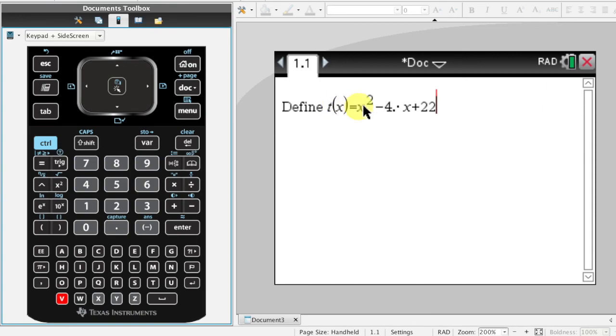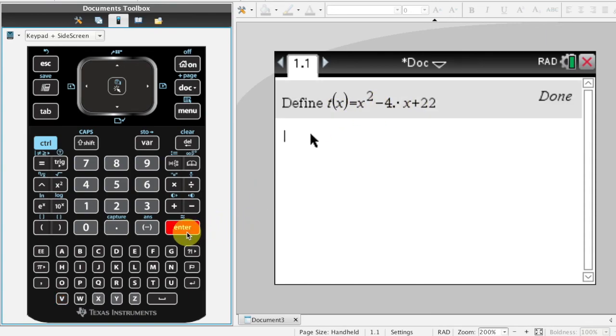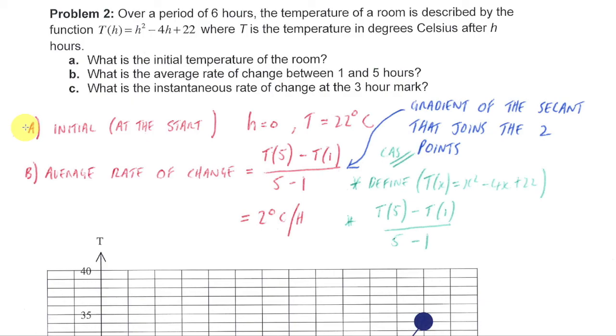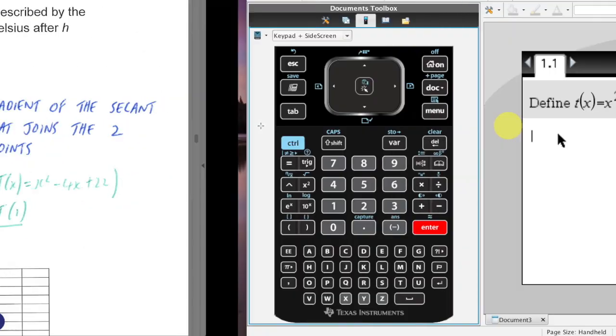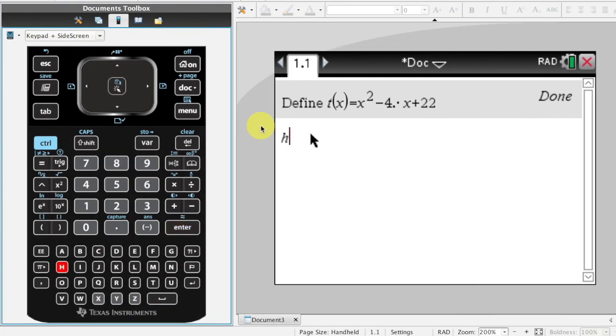Notice here that I'm referring to it in terms of x, and I've got my temperature of x there. It's now defined. And to look at the initial temperature, where H is equal to 0, I can just go T of 0, and we get that 22 degrees as we'd expect.